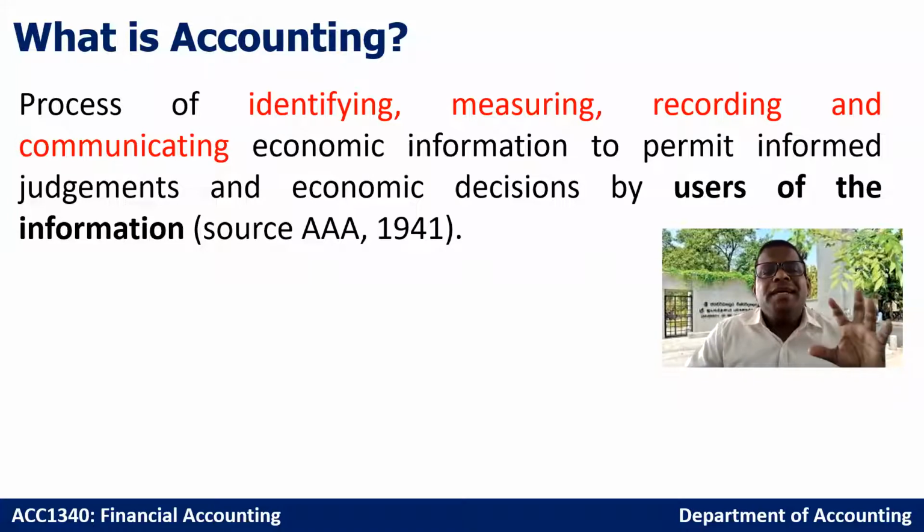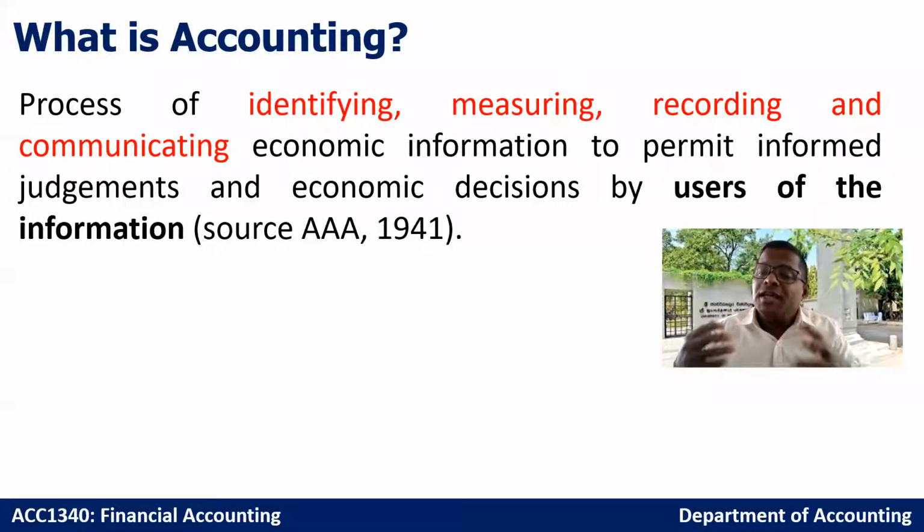Here, the American Accounting Association, AAA, has defined accounting based on the process. You can define accounting based on input, not only the process. You can also define accounting based on output.